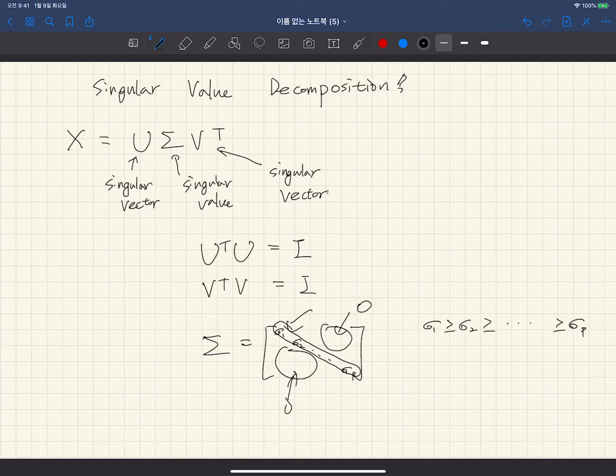Then how can we define the singular values and singular vectors, and how can we construct this singular value decomposition? There are a bunch of algorithms that can extract the singular values and singular vectors. That is out of scope of this class. But if you're interested in how to construct this singular value decomposition, then please search Google.